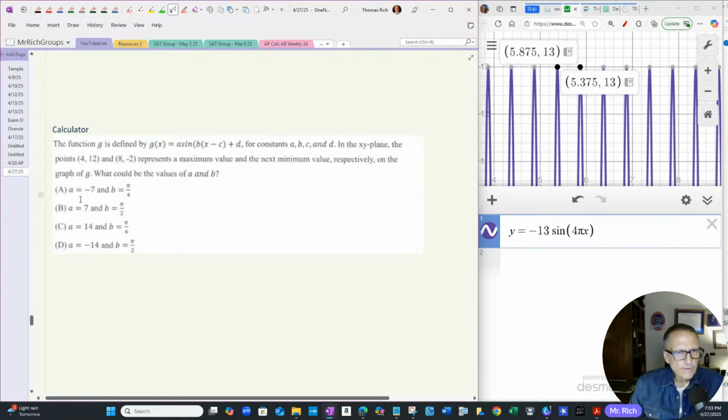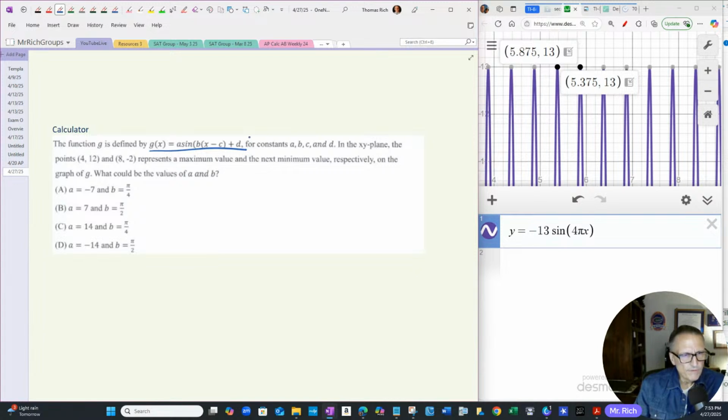This is calculator active. It says the function g is defined by this, just your typical parent function for sine with the constants there. In the xy plane, the points (4, 12) and (8, -2) represent a maximum and the next minimum value, respectively, on the graph of g. What could be the values of a and b? Well, a is the amplitude.